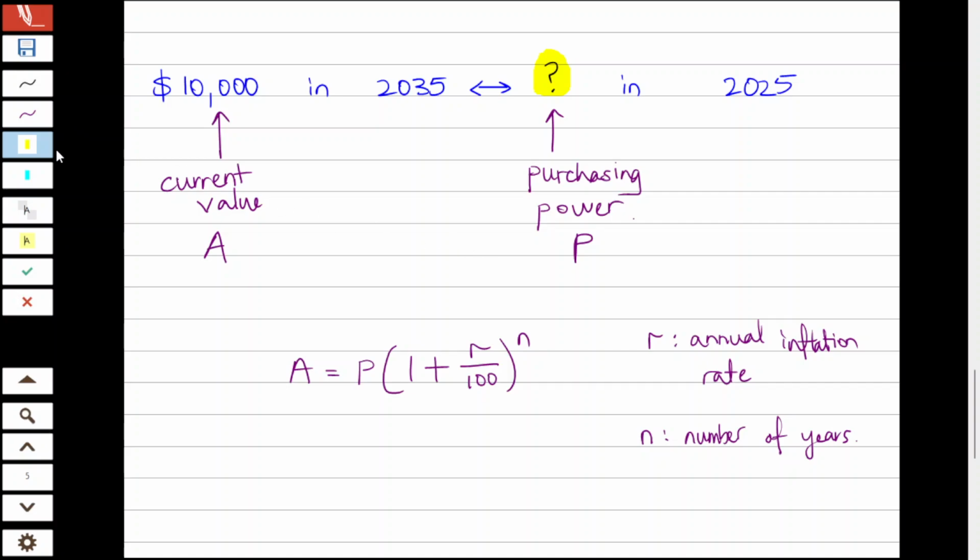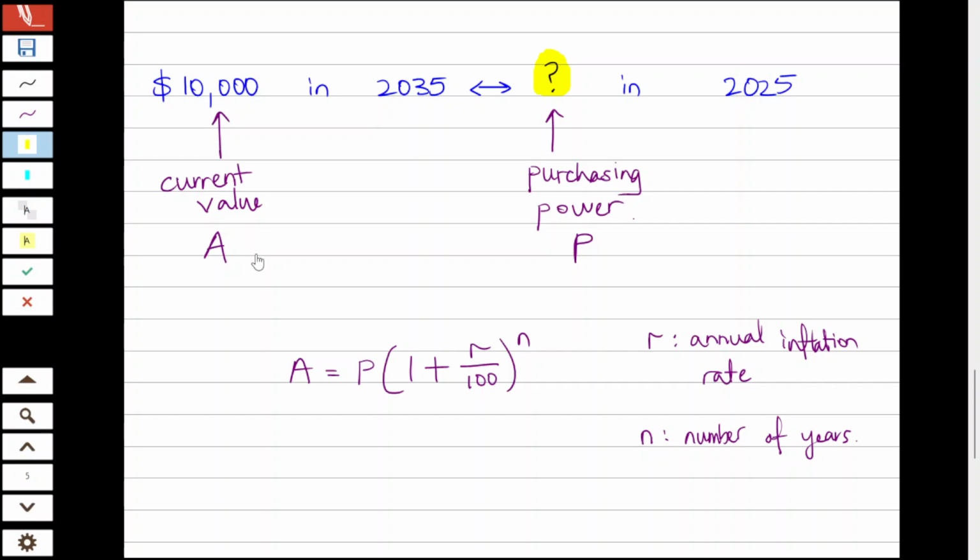So there is a formula that you can use, and this is what is described in your textbook. I don't actually think you need it, but I've included it and explained it just in case you want to use it. They define two terms: the current value, which is actually the money that is aging and not growing. It seems counterintuitive because it's $10,000 today, but it stays as $10,000 in the year 2035.